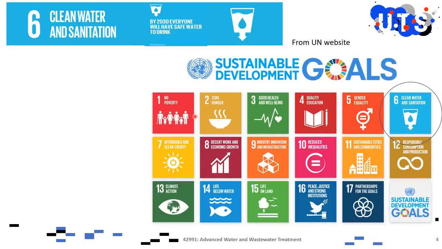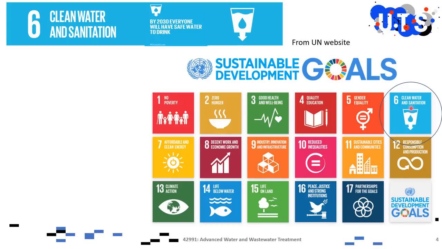Because of this, we can see from this slide that in the United Nations Sustainable Development Goals, which were developed in 2015 by the member nations, clean water and sanitation is one of the goals, because they realize the importance of addressing the water scarcity problem.